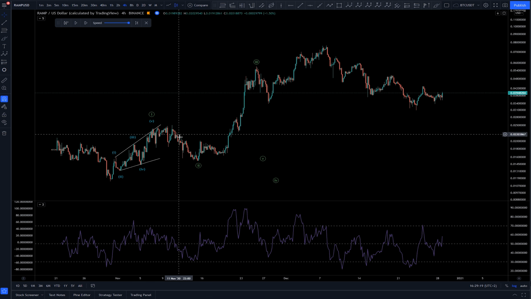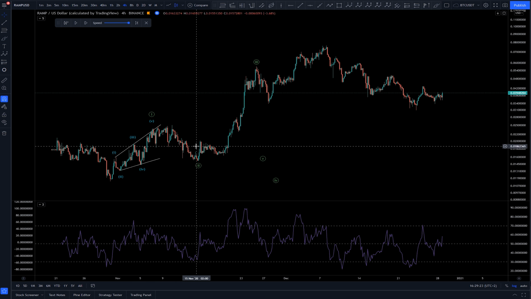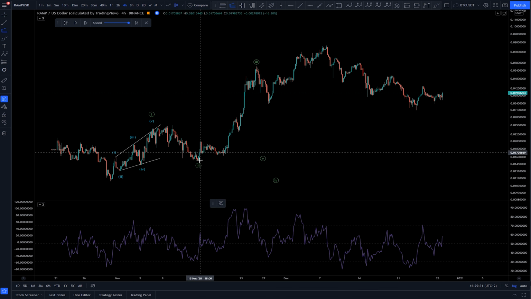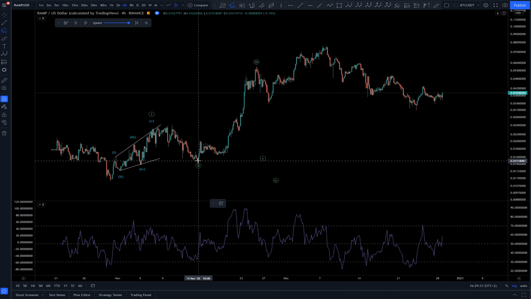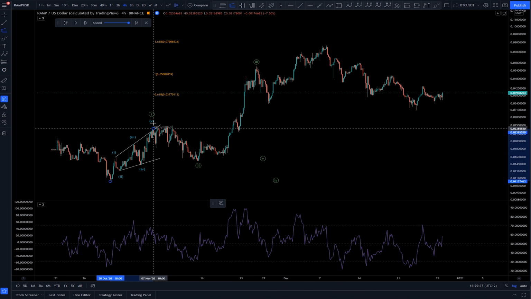I'm not going to analyze this wave 2 because it looks complex and I don't want to spend time on that in this video. As we saw, wave 2 came to the golden pocket, which is perfect. That's the most usual one.